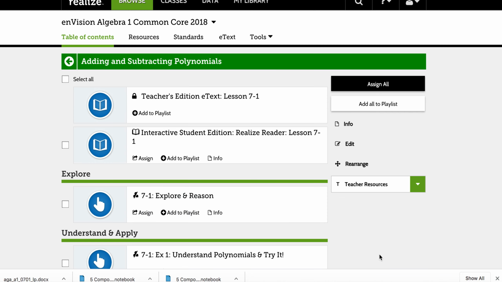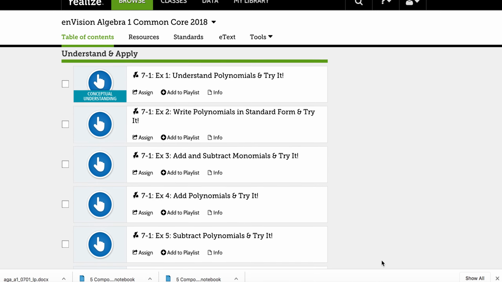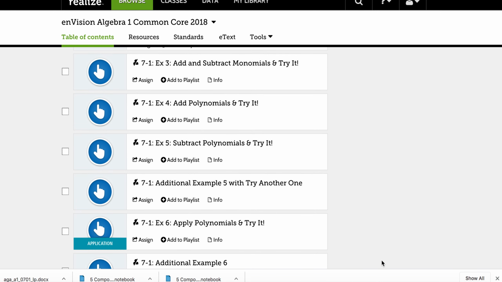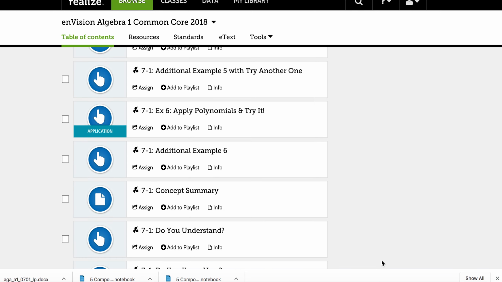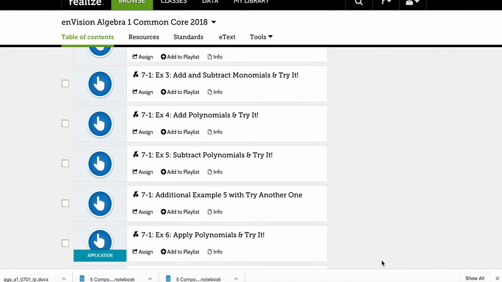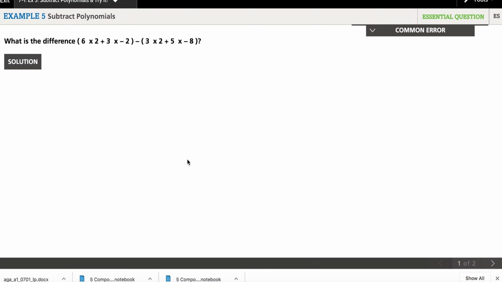Let's go with example 5. Subtract polynomials. Subtracting polynomials is similar to adding polynomials.